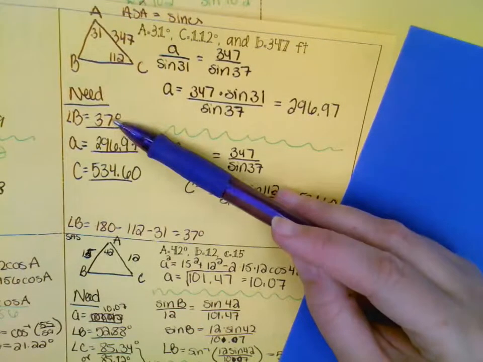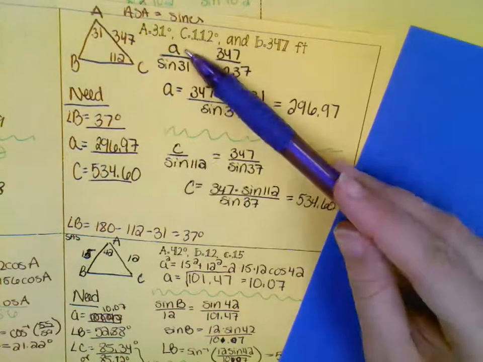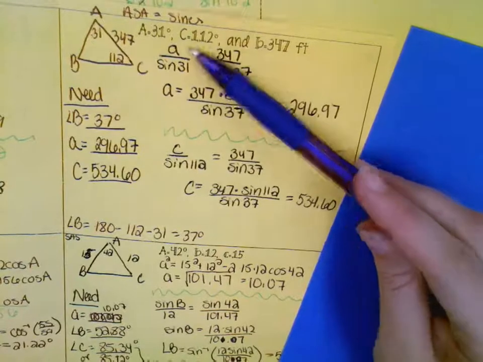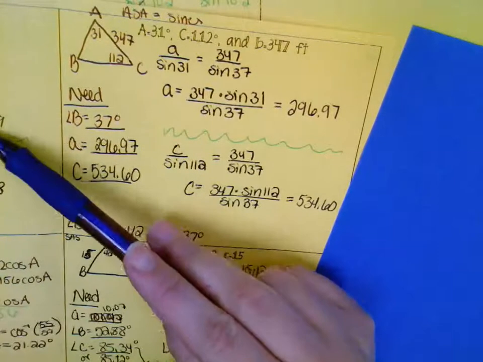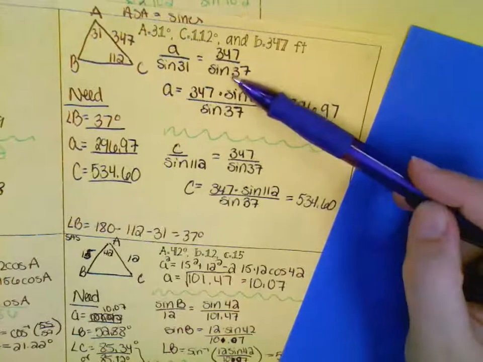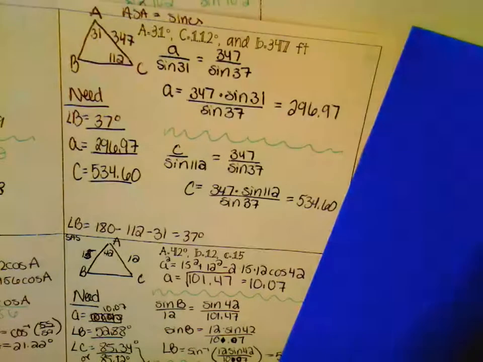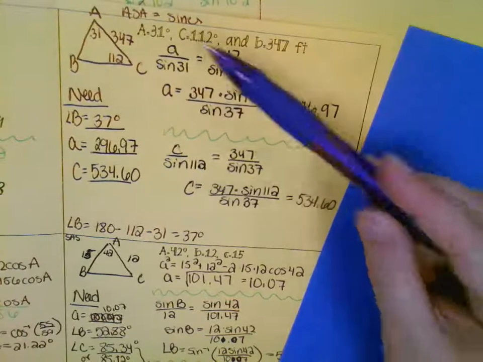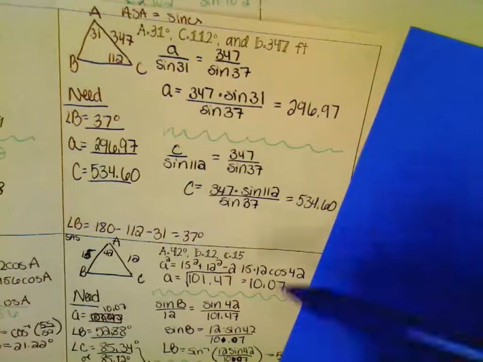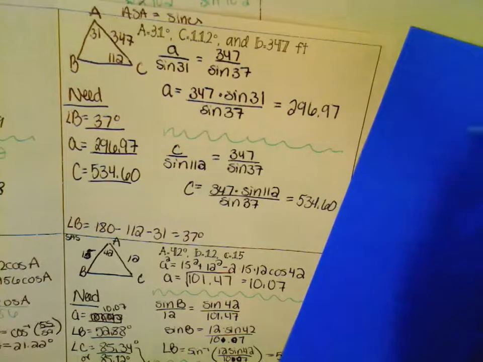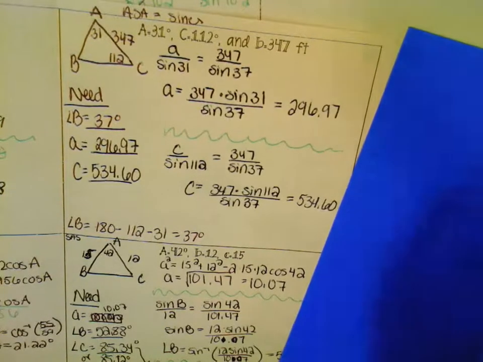Just kidding. Okay, so we're looking for two sides then. So that's like what we did over to the left. So we set it up in our ratio and then just multiplied by what's in the denominator to get the variable by itself. And we get these two numbers for A and C.